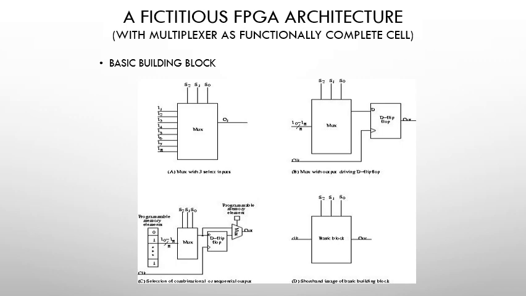These are all the sequential output of the basic building blocks of the FPGA. Here is a shortened image of the building blocks. Here we are using a multiplexer, that's why we are using a mux.